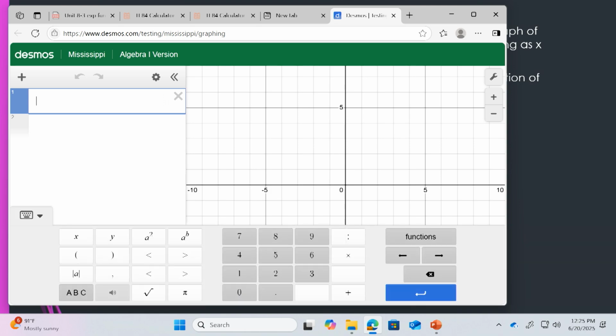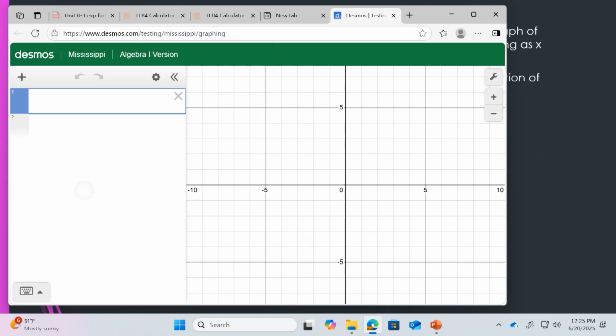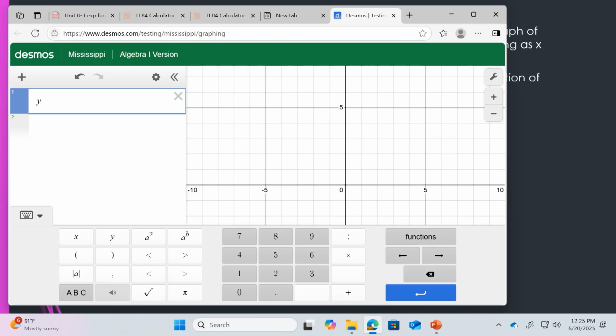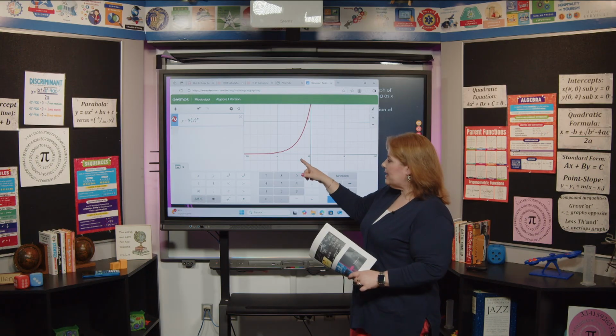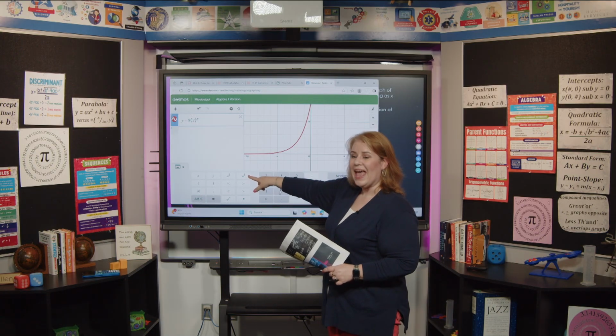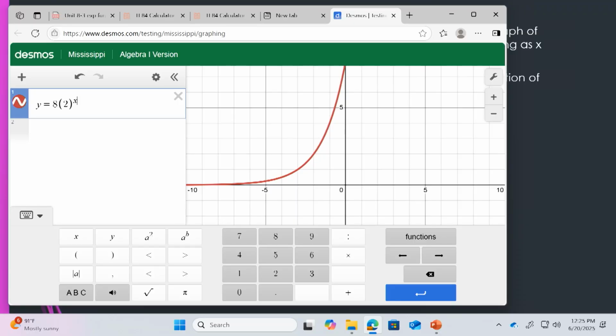So I've got y equals, and I'm going to put 8 times 2 to the x. Now, Ms. Killen, how did you put that x as an exponent on Desmos? Do you see right here where it has a to the b? A to the b is saying I'm going to put some type of exponent that's not a 2.